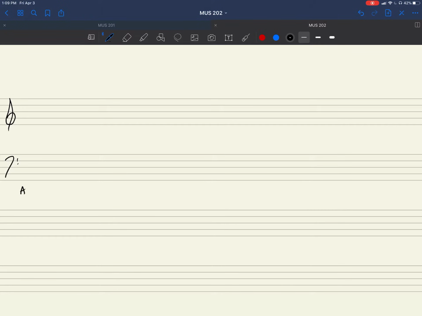Let's go ahead and do A major. So I'm going to do a 5, 7, a 5, and I'm going to resolve it to 5. Because let's think about it this way. What's happening here? You have an A major scale. That's your primary key area, right? Your secondary key area is going to start on E.